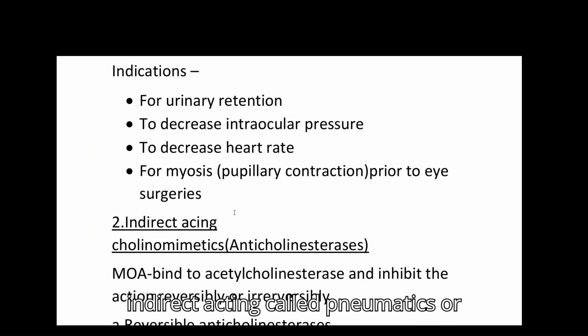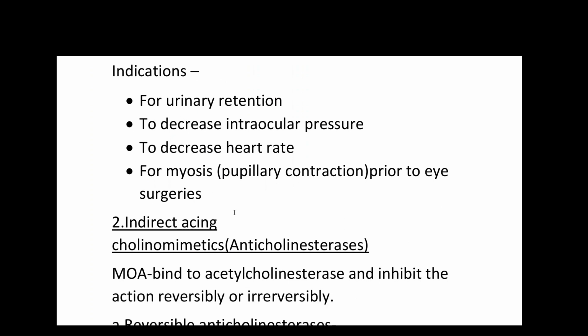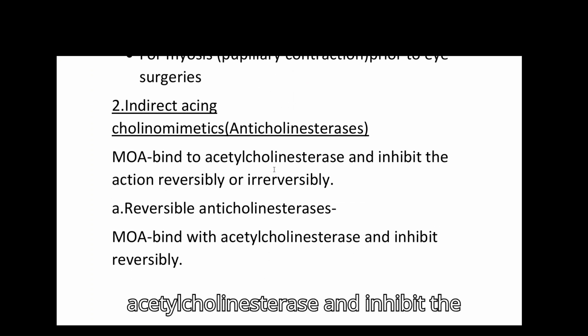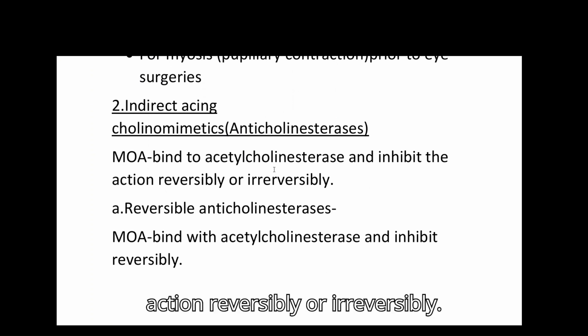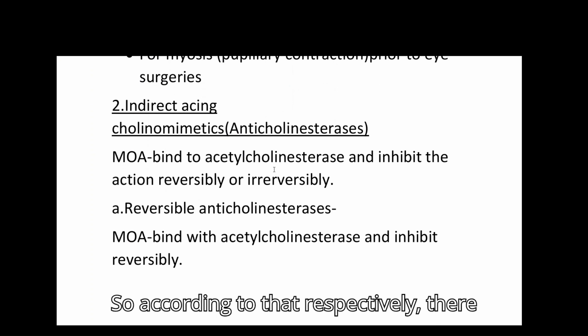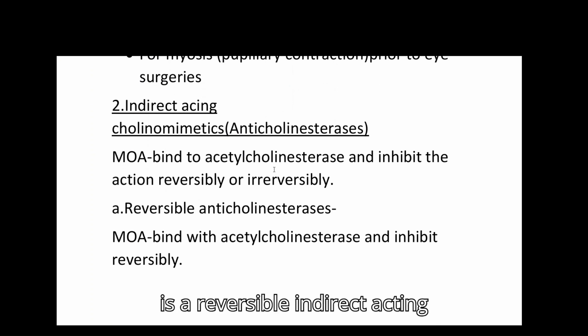And what are indirect acting cholinomimetics or anticholinesterases? We call these drugs anticholinesterases. Mechanism of action: bind to acetylcholinesterase and inhibit the action reversibly or irreversibly. So, accordingly, there are reversible indirect acting cholinomimetics and irreversible indirect acting cholinomimetics.